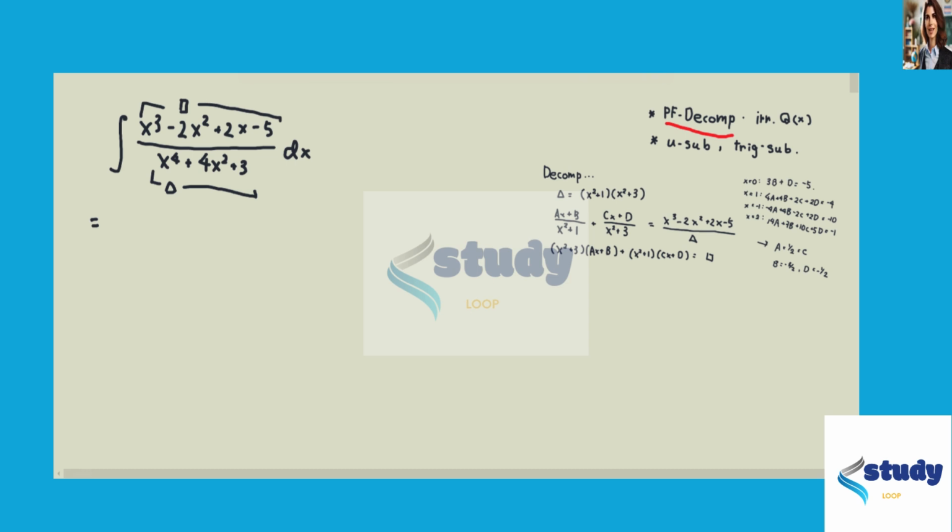It is going to look like the integration of 1 over 2 x over x squared plus 1 minus 3 over 2 1 over x squared plus 1 plus 1 half x over x squared plus 3, minus 1 half 1 over x squared plus 3 dx.